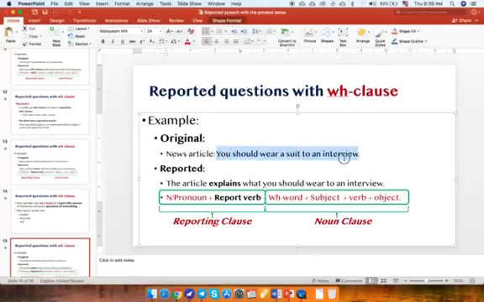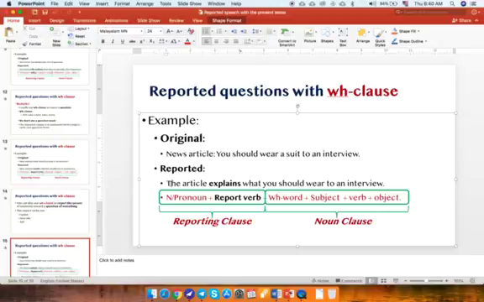So let's get back to our example here. You get this answer. So what would be the question for this answer? The question for this answer would be, what should you wear to the interview, right? So the answer will be you should wear a suit to an interview. So to make the reporting question with the WH clause, you have to think about the question toward this answer. So let's see this reporting question.